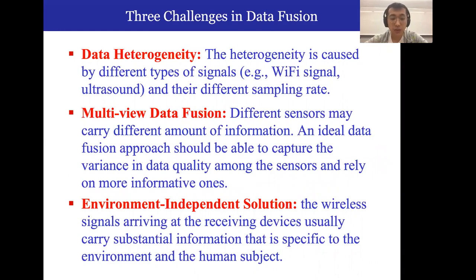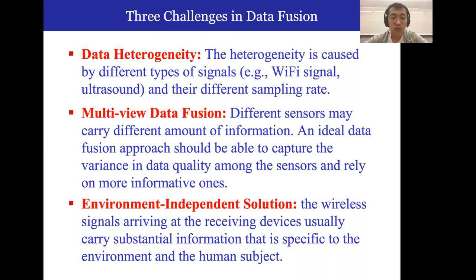First, the data heterogeneity. The data heterogeneity is caused by different types of signals and their different sampling rate. Second, the multi-view data fusion. Different sensors may carry different amounts of information. An ideal activity recognition approach should be able to capture the variance of information quality among the sources and rely on more informative ones.